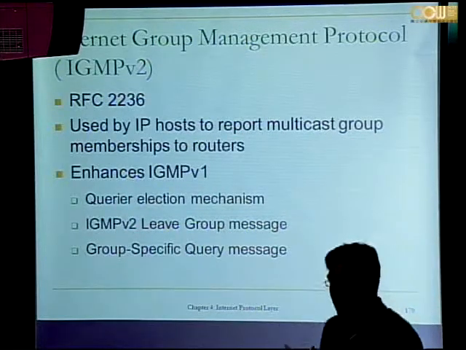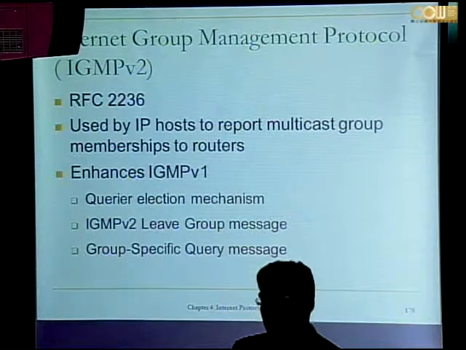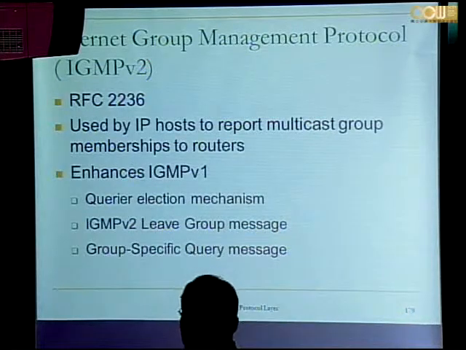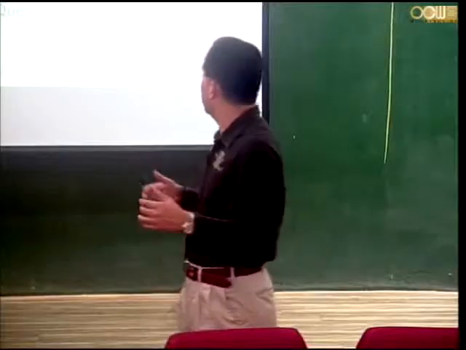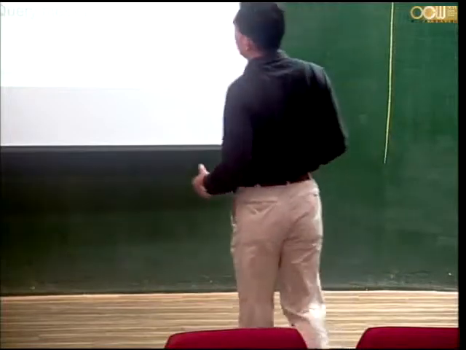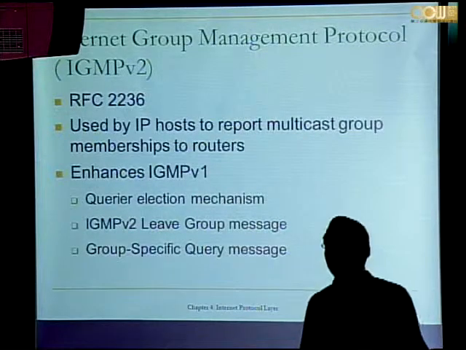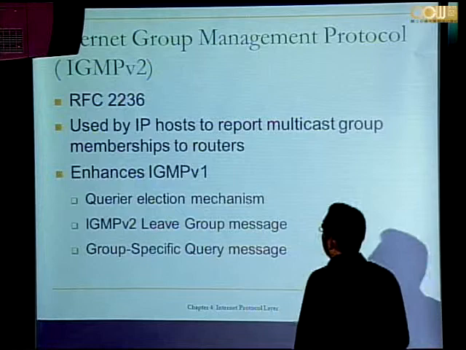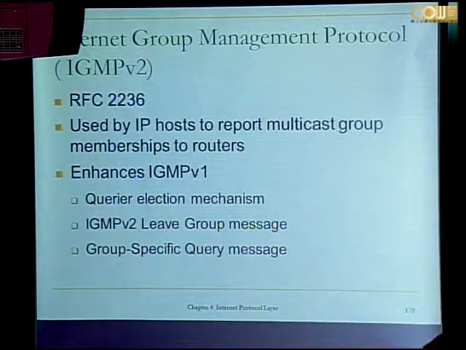So it's a protocol between the hosts and the routers. The host needs to tell the router which group I am a member of. Okay, let's take a look at how it works.